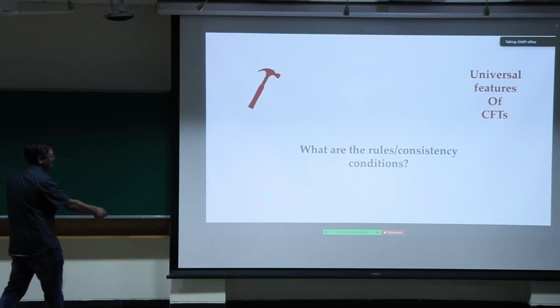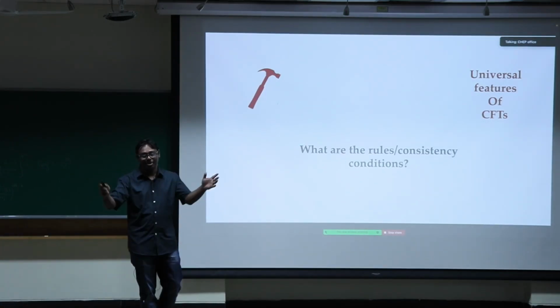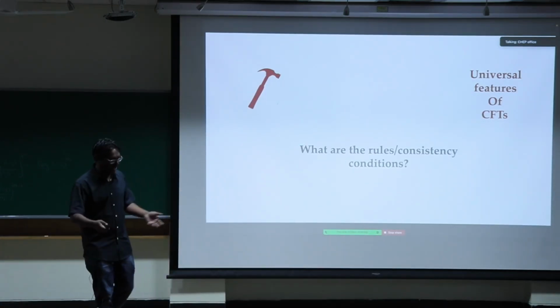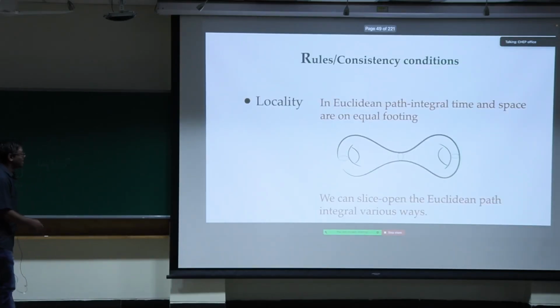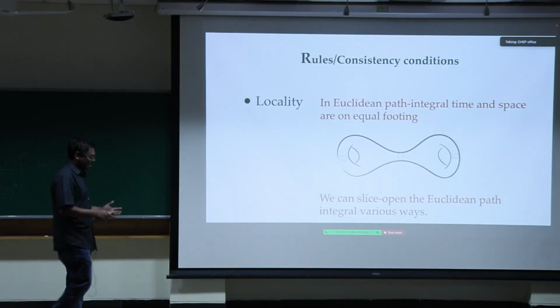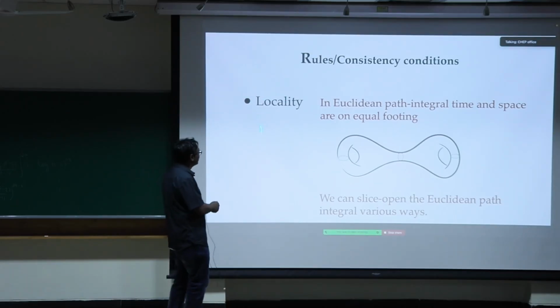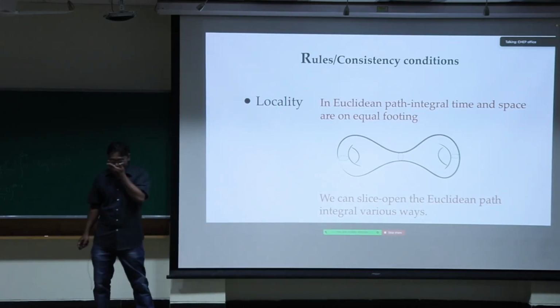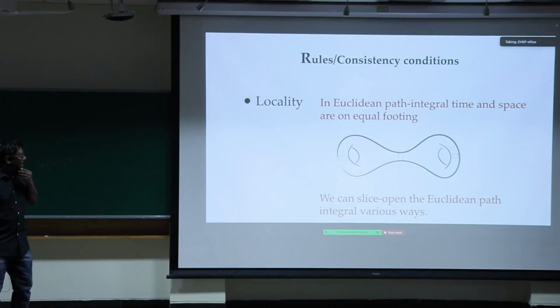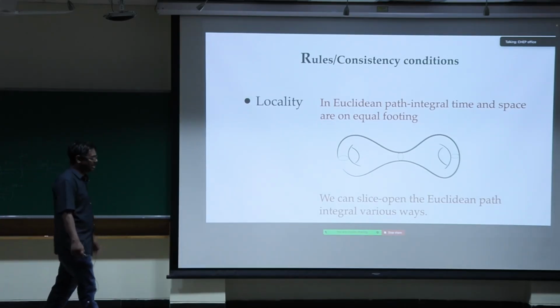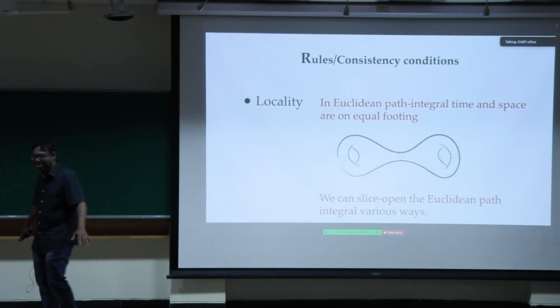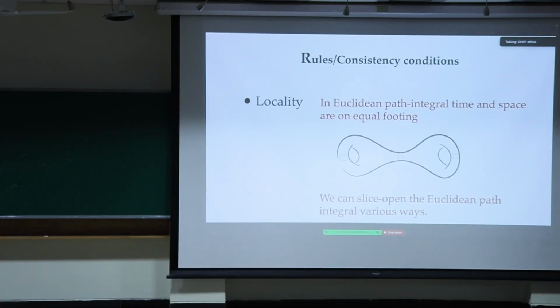Now I need to tell you what are the rules or the consistency conditions. What are the rules of the game, the game we are playing here, the analog of the Sudoku. So the rules are the following. These are very basic fundamental physics principles. First is locality. So it basically means in a Euclidean path integral, time and space are on equal footing. So imagine you are doing a path integral over some complicated manifold.